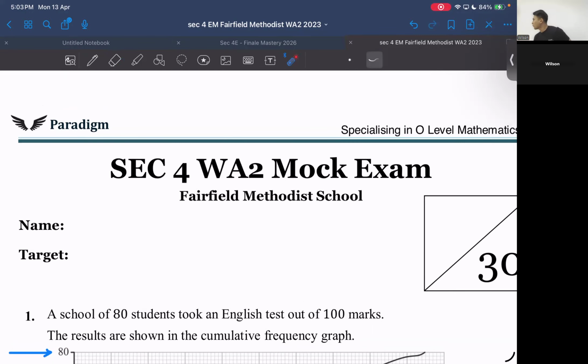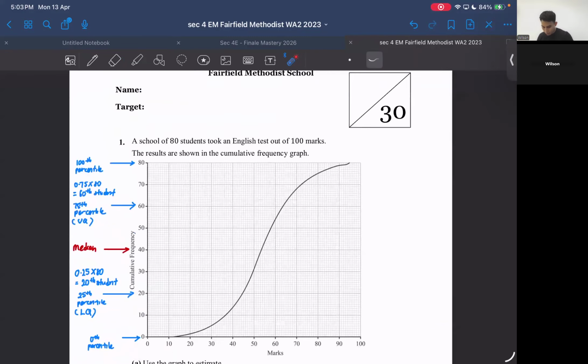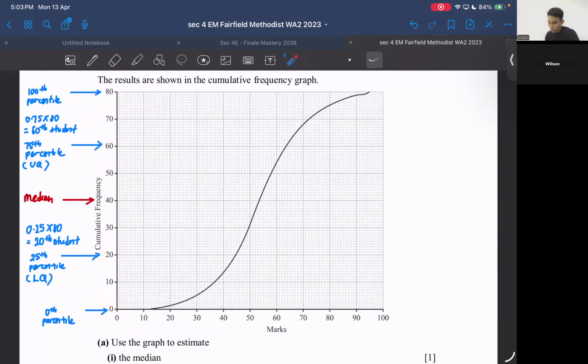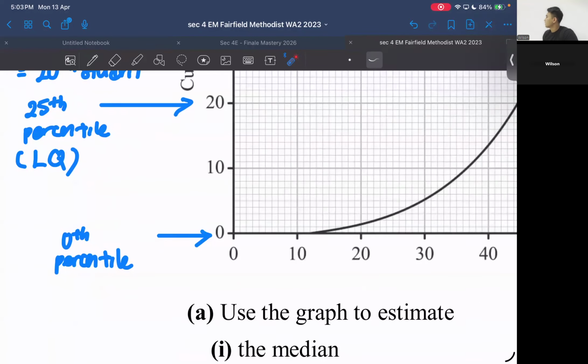Now, I know some of you are very excited. You all know what to do when you see a cumulative frequency curve. However, I just want to share something with you all, to make sure we are all aligned. In our cumulative frequency curve, one of our first points over here is known as our 0 percentile. So this is our very starting point.